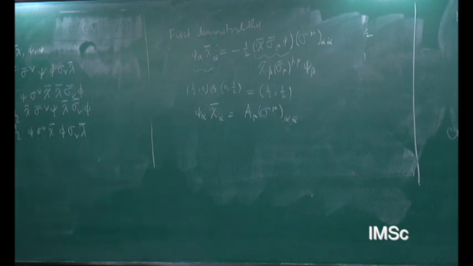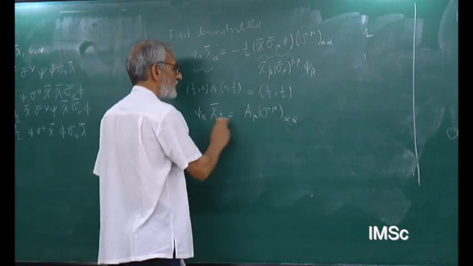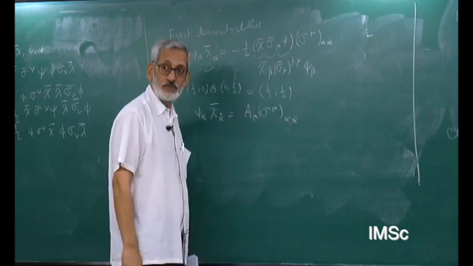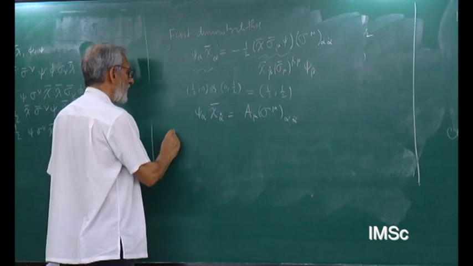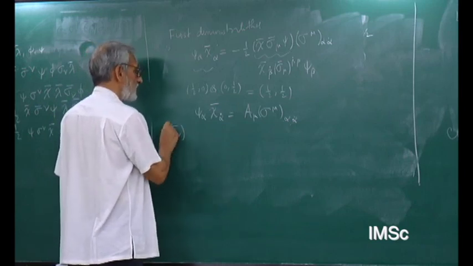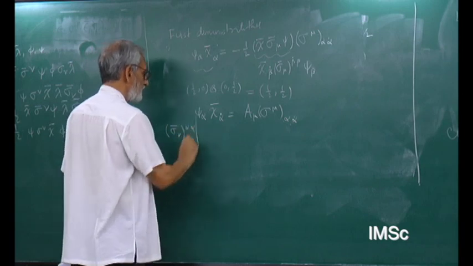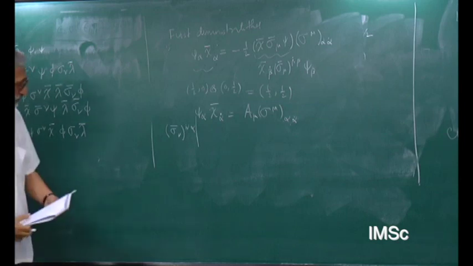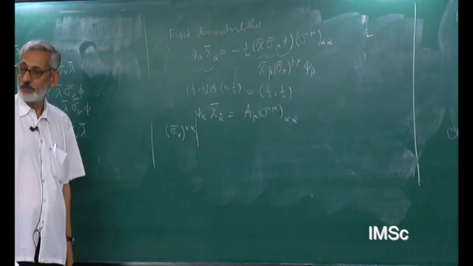This is some vector A mu sigma mu alpha alpha dot. Multiply this by sigma bar nu alpha dot alpha.